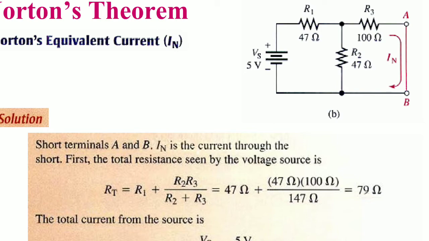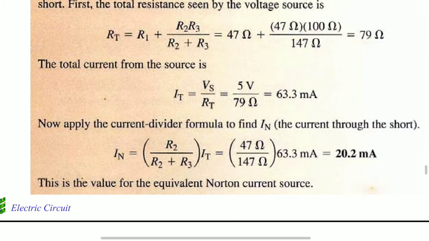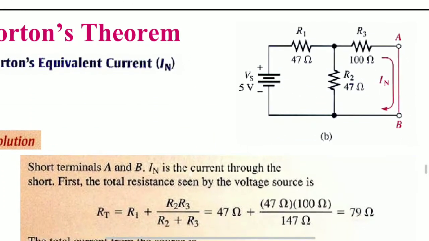Here Norton's resistance Rn: the 47 ohms and 47 ohms are in parallel, and this parallel circuit is in series with the 100 ohms.